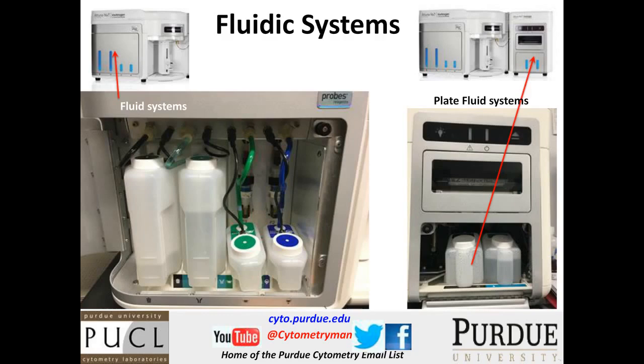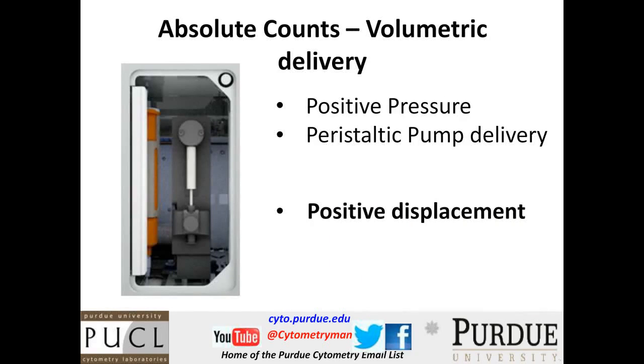These are about 2 inches, maybe 50, 60 millimeters in size, 2 or 3 inches, very small. And so from a sheath system, the instrument takes very little. And just another reminder of the fact that because you have this syringe, you have volumetric delivery and absolute count.